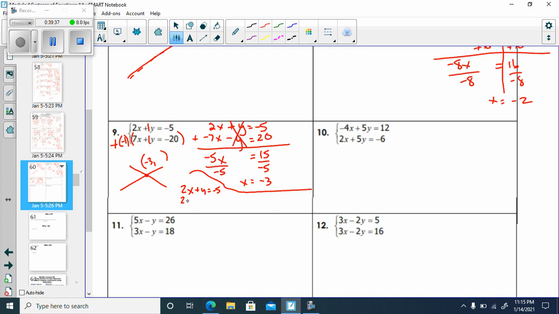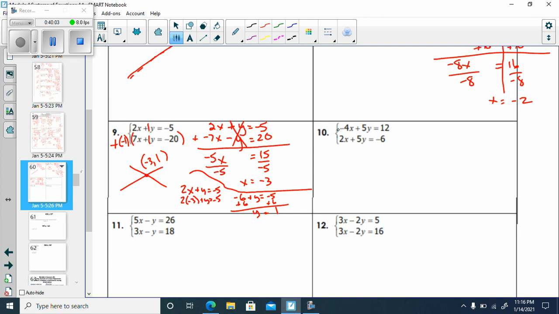My x is negative 3. 2 times negative 3 plus y is negative 5. 2 times negative 3 is negative 6 plus y is negative 5. Add 6 to both sides, and y is equal to 1. Negative 3, 1 is our solution for that set of system of linear equations.